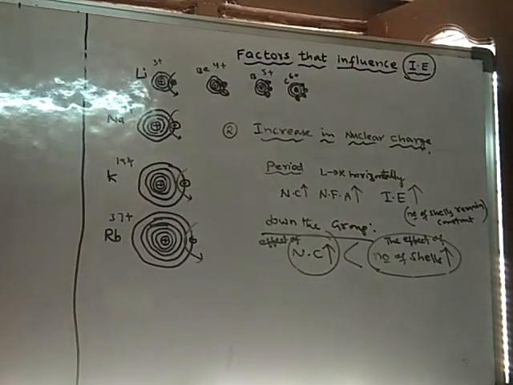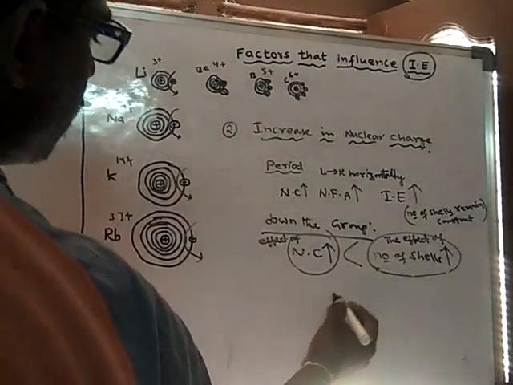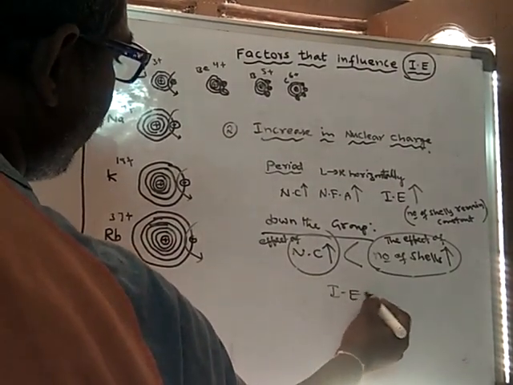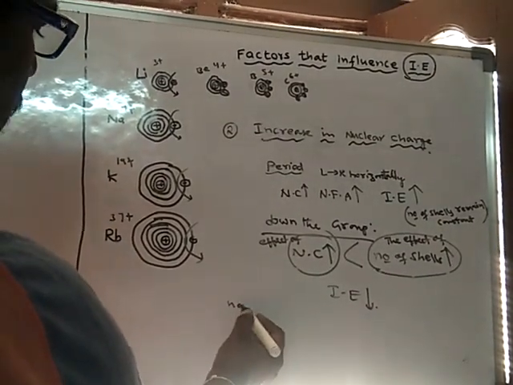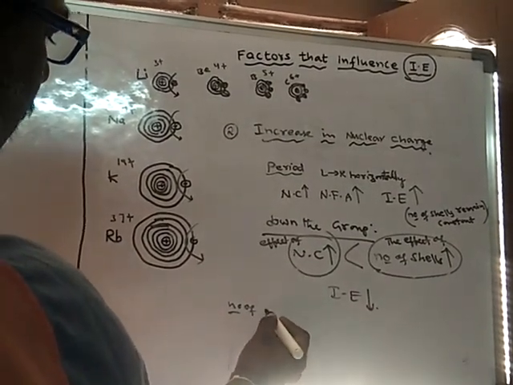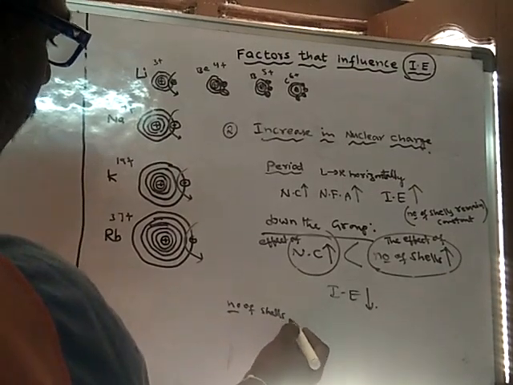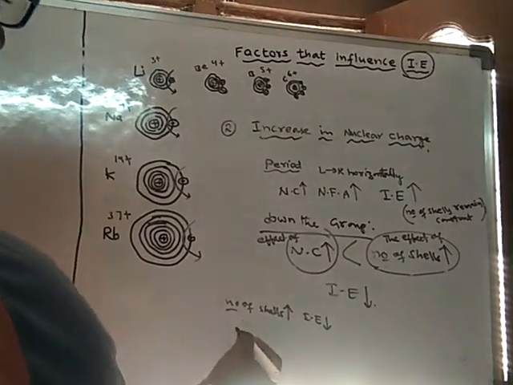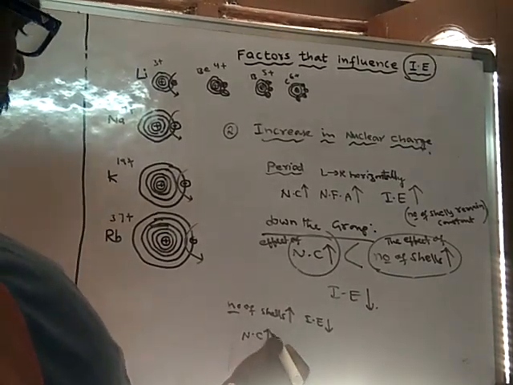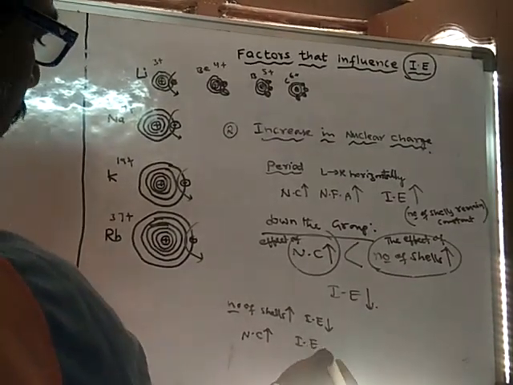So as a result of this, the ionization energy will decrease, because when the number of shells increases, ionization energy decreases, and when nuclear charge increases, ionization energy should increase.